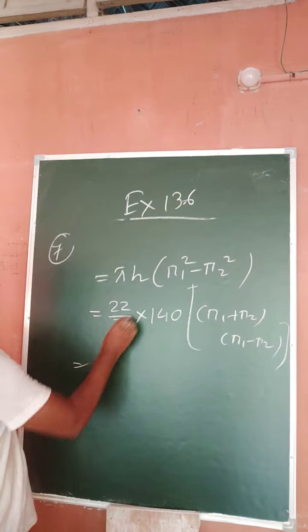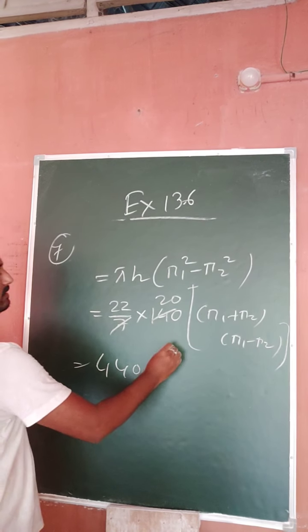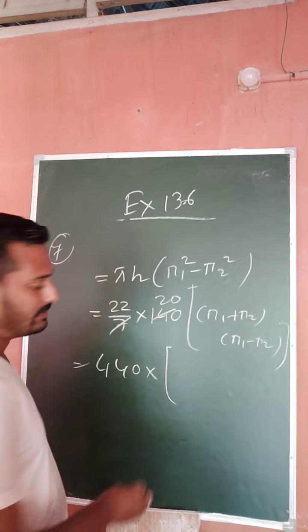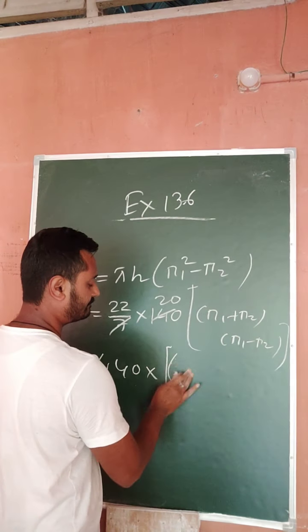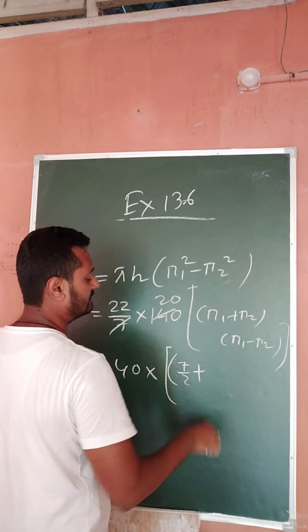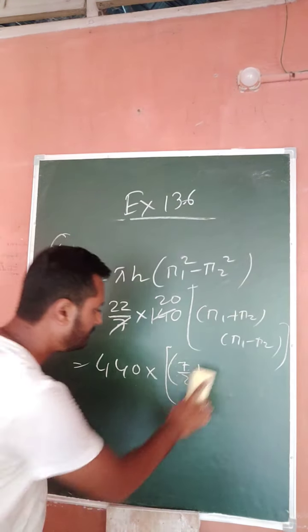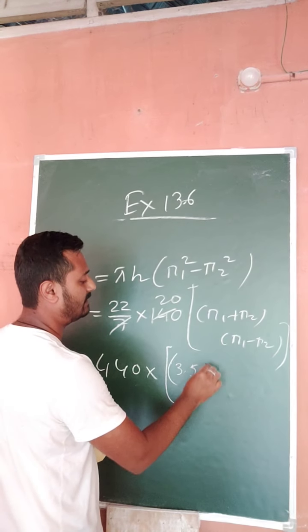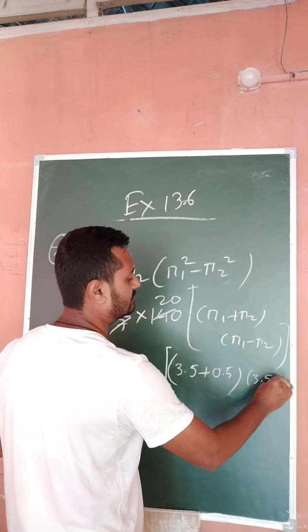Okay, so 440 into R1 is what? R1 is 7 by 2, you can have 3.5. So 3.5 plus 0.5 and 3.5 minus 0.5.